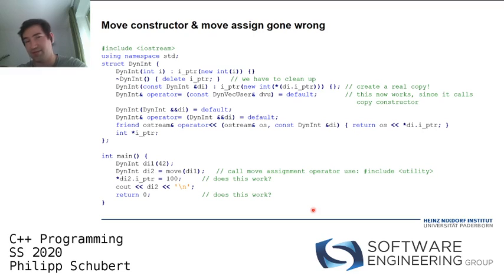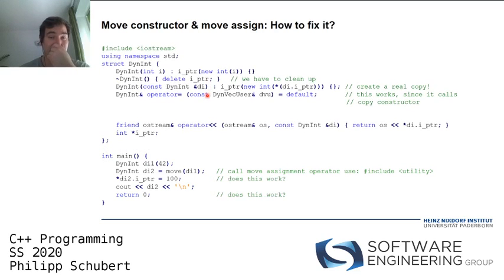But as we handle here with heap memory, a member-wise copy is not sufficient, because the error is basically the same here. We have now two variables, di1 and di2, whose member variable iptr points to the same heap location, which we then in both of the destructors delete twice. And this is prohibited. This is a double free corruption.